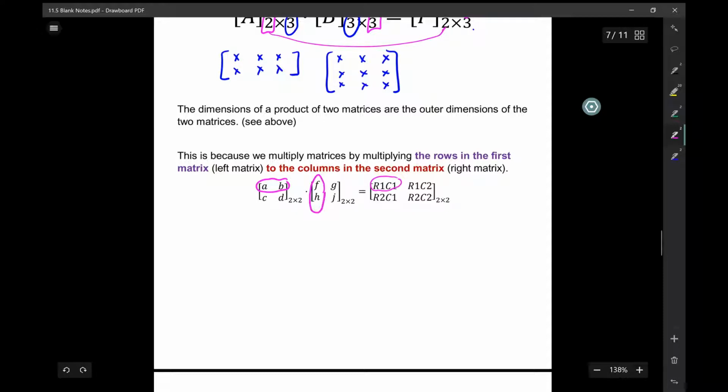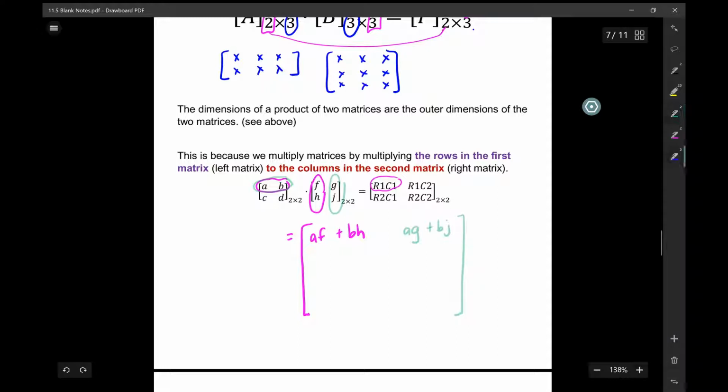And the way we do that, that very first entry is A times F plus B times H. The second entry in this matrix is going to be the first row by the second column. So that's going to be A times G plus B times J.